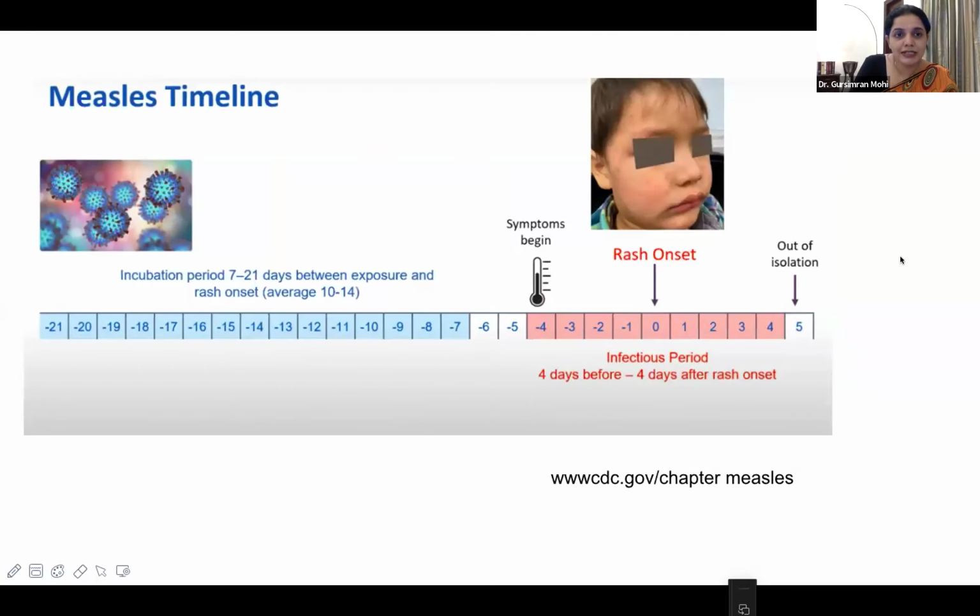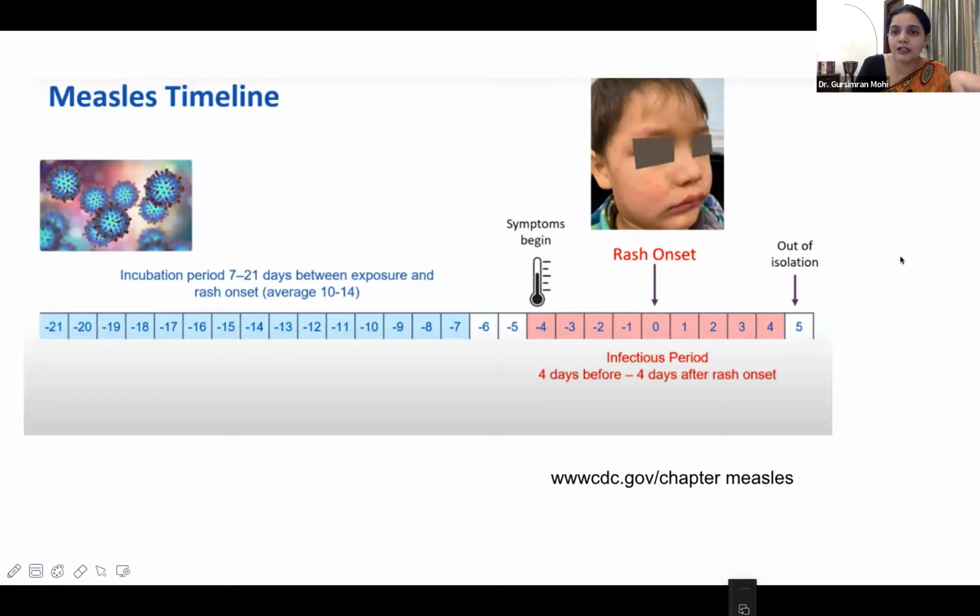So this is the measles timeline. This is a very important slide. Initially, the blue part of the slide shows the incubation period. It is about 7 to 21 days. Day 0 is the day of rash, and the prodrome symptoms appear 4 days before the rash has started.